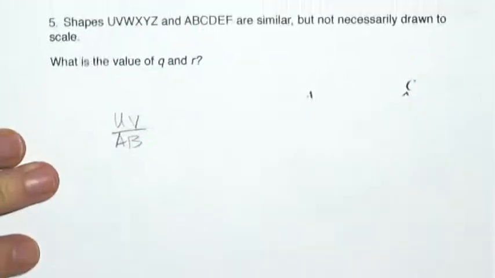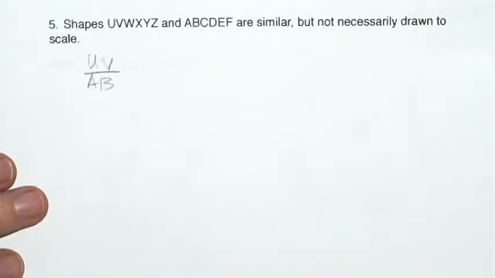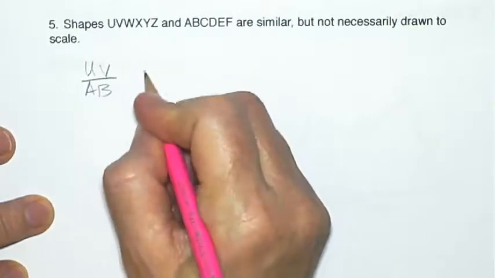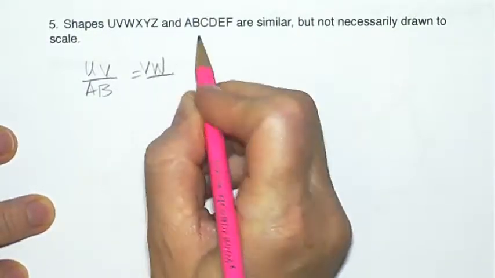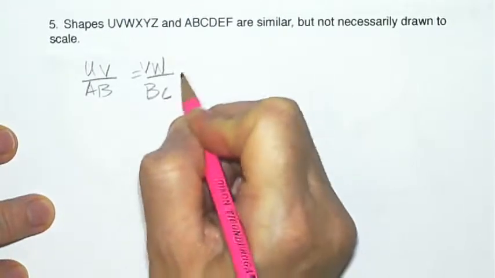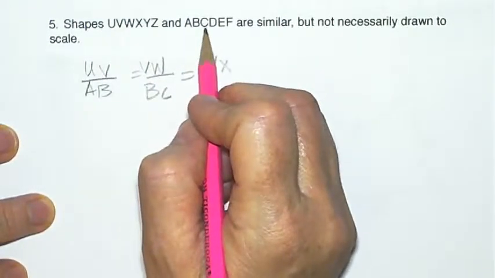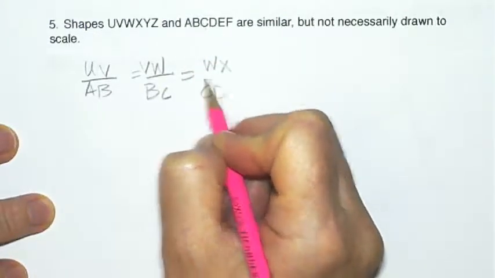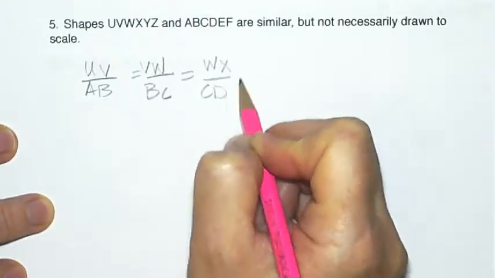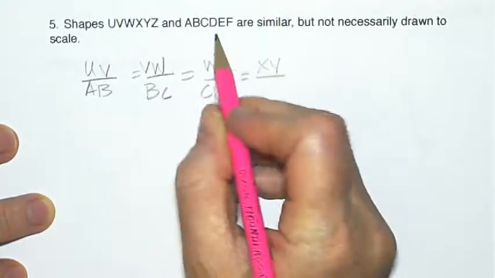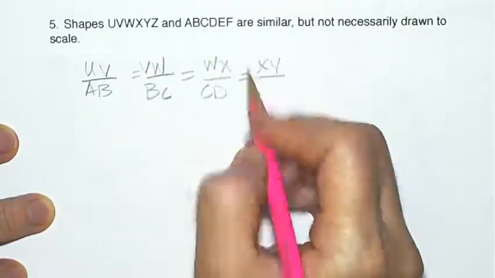And we're not going to use all these ratios, but it guarantees that you're going to set things up correctly. VW is to BC. WX is to CD. Just look at that last letter and pick up where you left off. So XY is to DE.